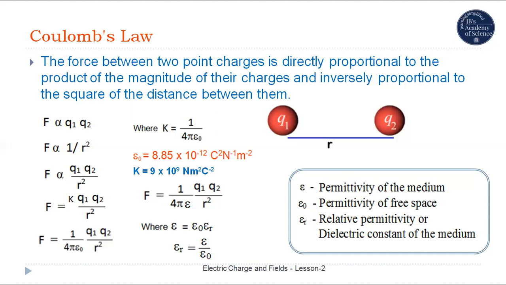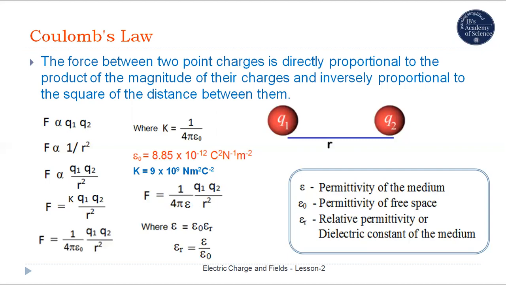Now, if these two charges are placed in a medium, the force between them will change. The new force will be F is equal to 1 by 4 pi epsilon Q1 Q2 divided by r square, where epsilon is a constant called permittivity of the medium.